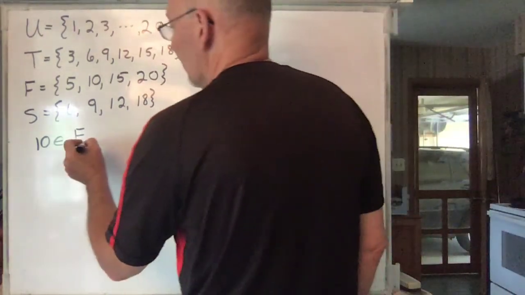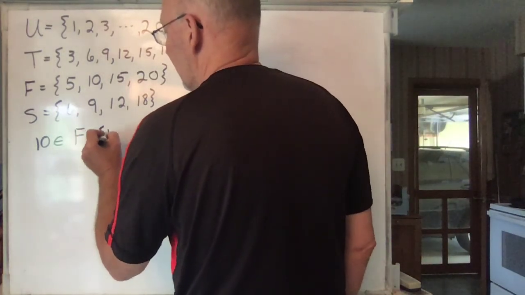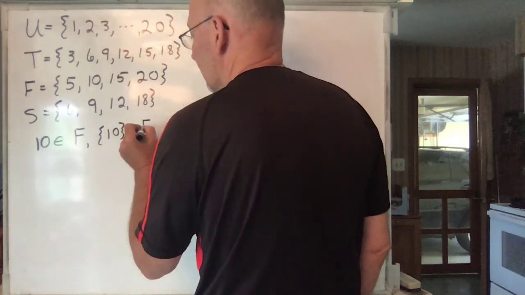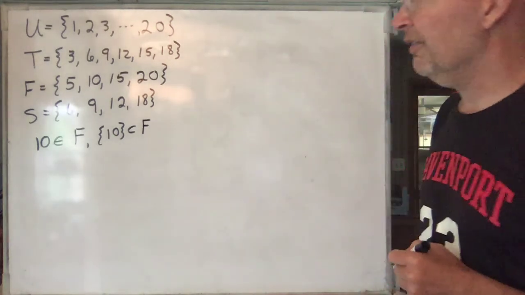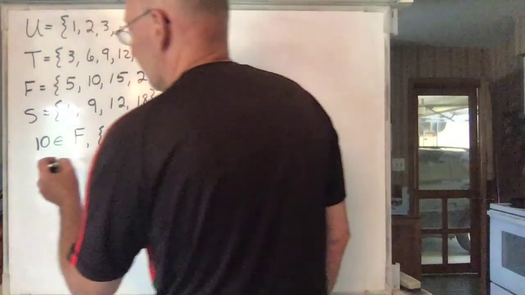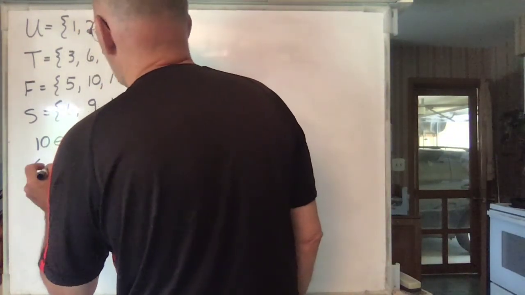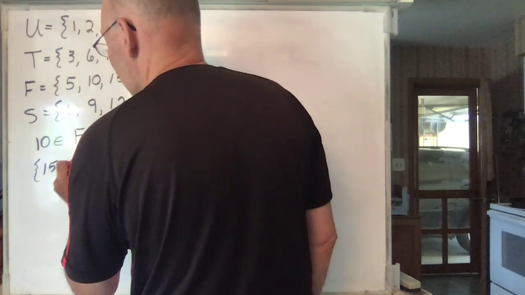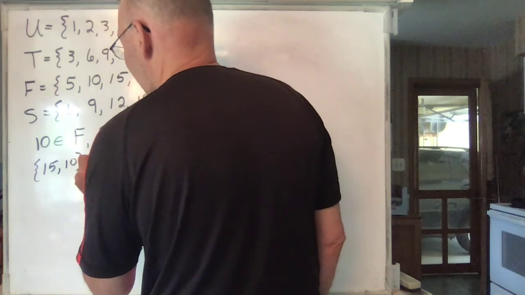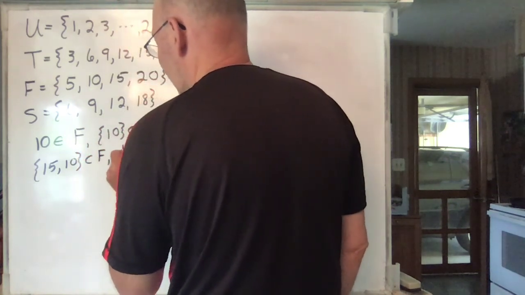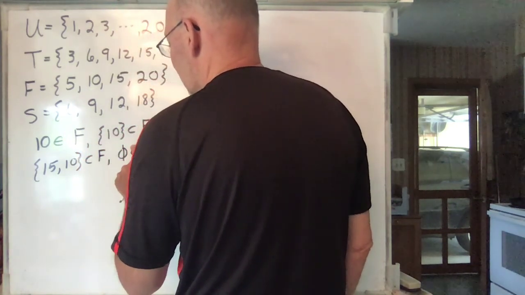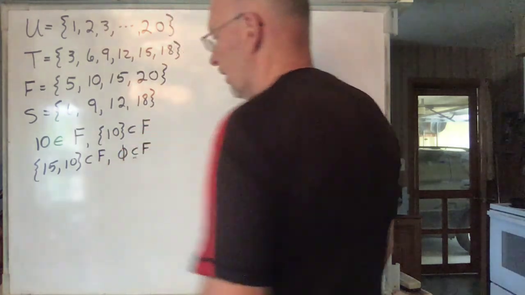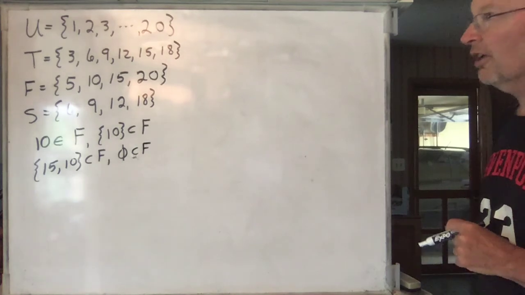Or, just to stress the point, I could say the set with 10 in it is a subset of the set F. Or I could say the set with 10 and 15 in it is a subset of F. Or, of course, I could say that the empty set is a subset of F, just using F as an example.